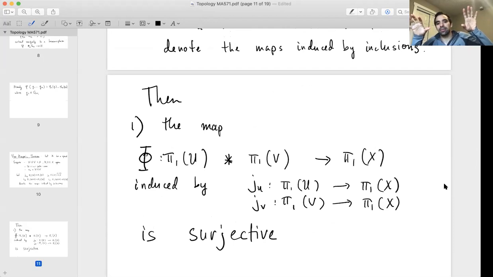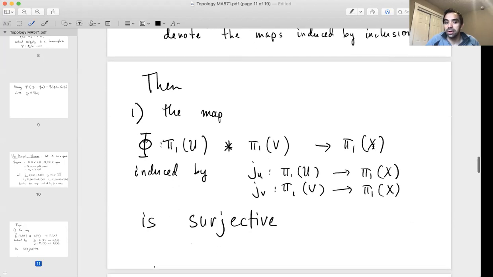There's a map from that free product to the fundamental group of the space X. That map is induced by j_U, which is a map from pi 1 of U to pi 1 of X, and j_V, which is a map from pi 1 of V to pi 1 of X. I'm using the property I described above for the free product: if I have maps from each group into a fixed target group, then I have a unique map from the free product. So the first claim is that this map is surjective.